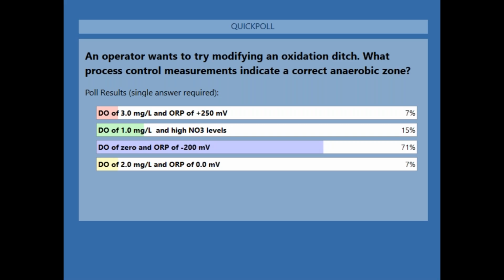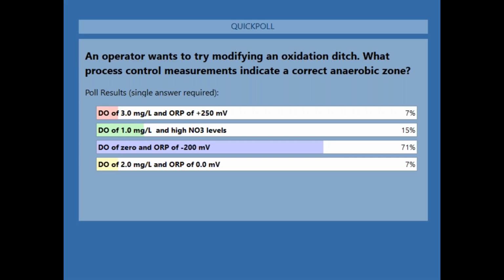Okay, fantastic. So let's go through the results of the poll. So 70% said DO of 3.0 milligrams per liter and ORP of plus 250 millivolts. 15% said DO of 1.0 milligrams per liter and high NO3 levels. 71% said DO of 0 and ORP of negative 200 millivolts.